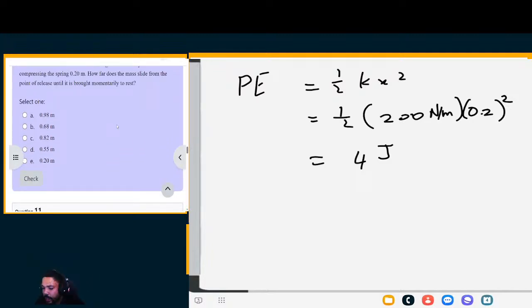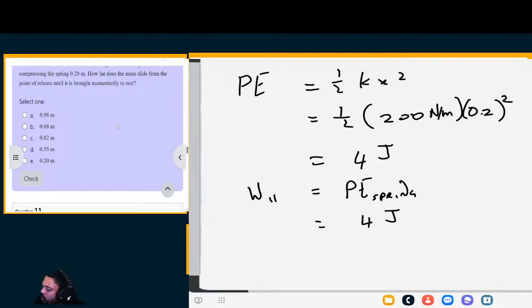So all the work done by the parallel force is equal to the work imparted to the spring, and that is just equal to 4 joules, as we just worked out.